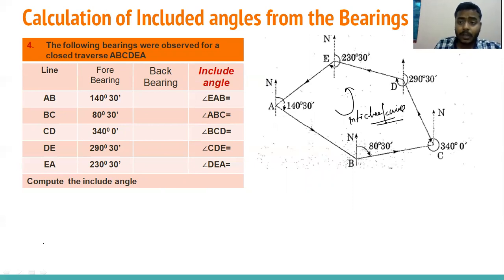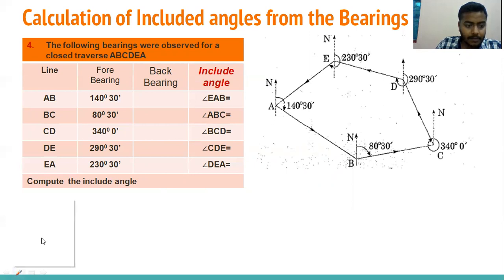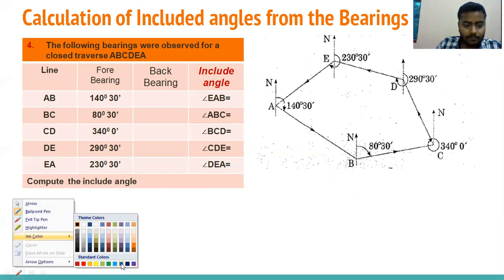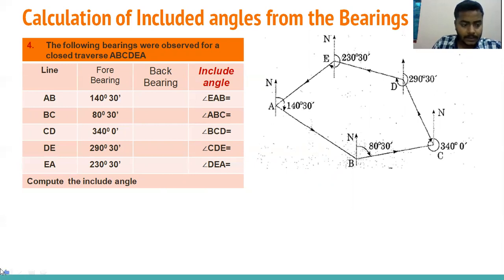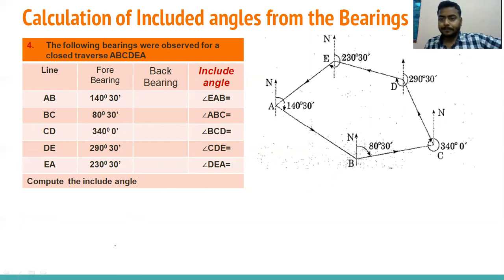Right? What is the formula? Fore bearing of the next line minus back bearing of the previous line. So I'm applying this formula here. Okay, so we will start to calculate angle EAB.